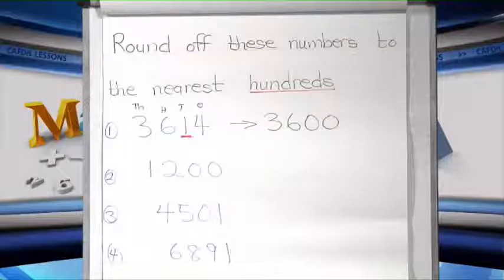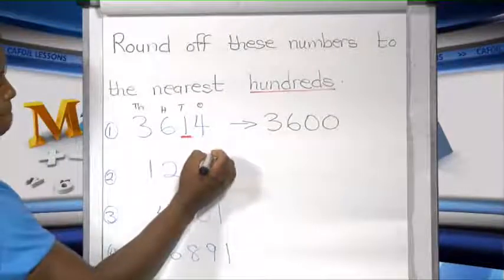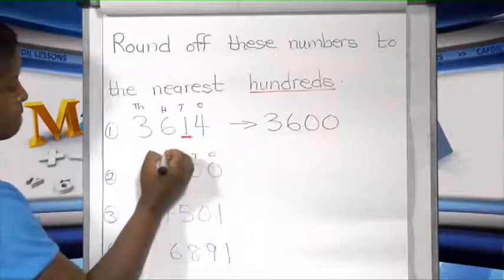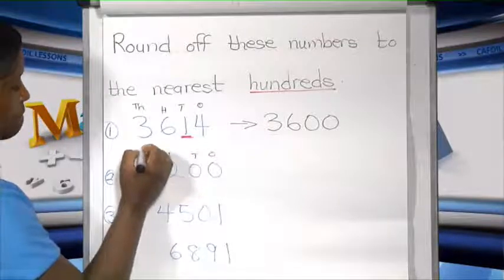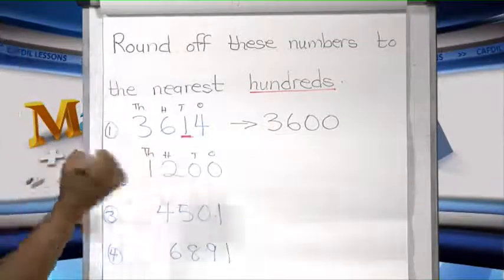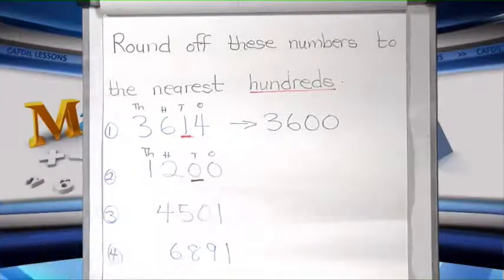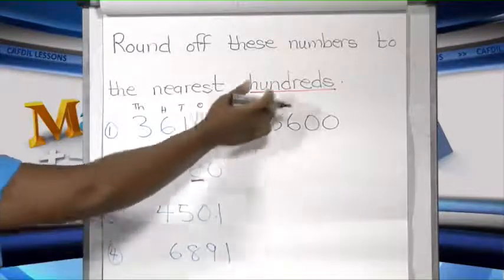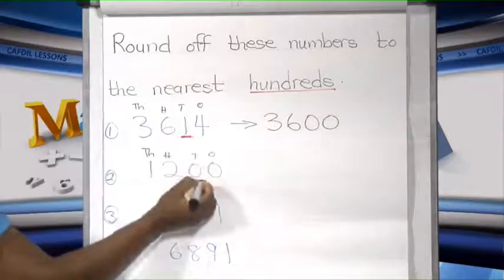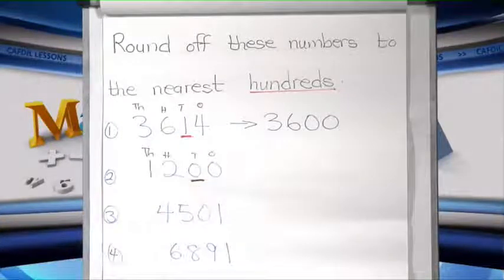Our next example, 1,200 to the nearest hundreds. So our target will be here, the tens place. Since we are rounding it to the nearest hundred, the tens place will be our target.